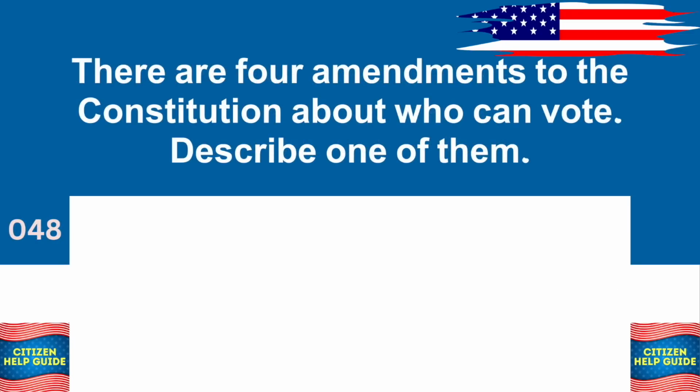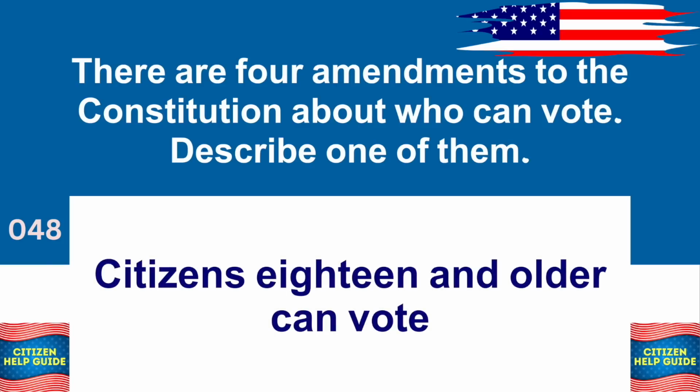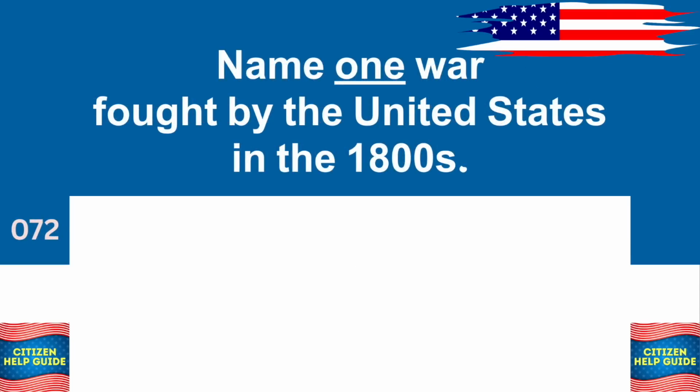There are 4 amendments to the Constitution about who can vote. Describe one of them. Citizens 18 and older can vote. Name one war fought by the United States in the 1800s.